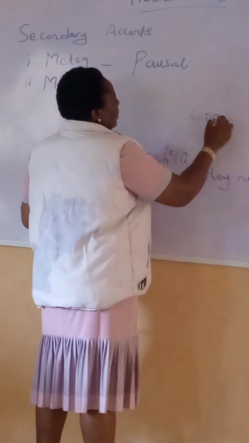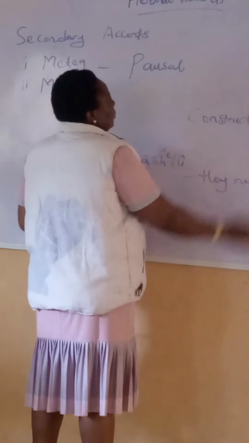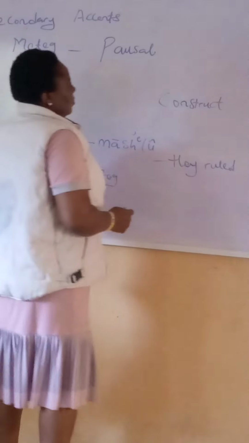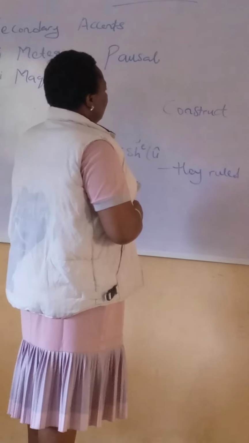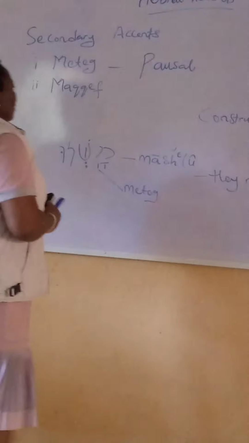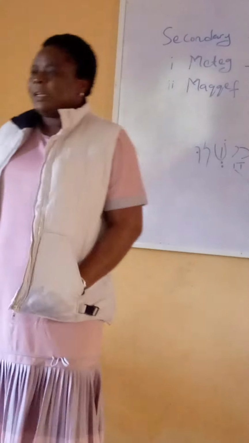In a construct relationship. Maqqef is a secondary accent that joins two or more words together in a construct relationship.